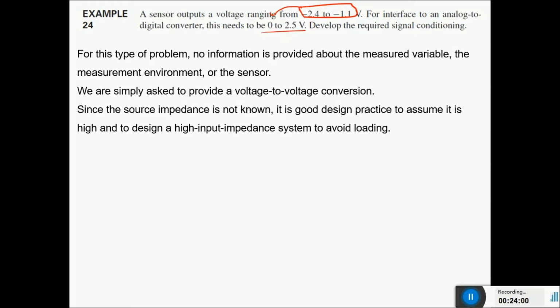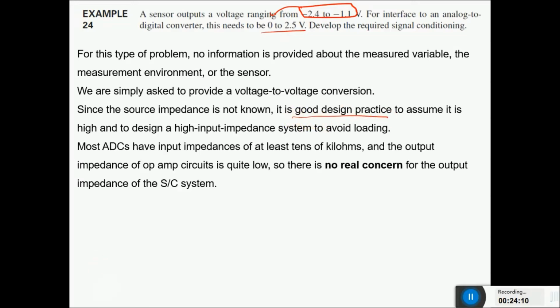If it is known, then we can decide. If it is not known, we should always be careful and follow good design practice. Most ADCs have input impedances of at least tens of kilo ohms and the output impedance of the op amp is quite low. So there is no real concern for the output impedance of the signal conditioning system, because the output is being taken from the op amp directly.